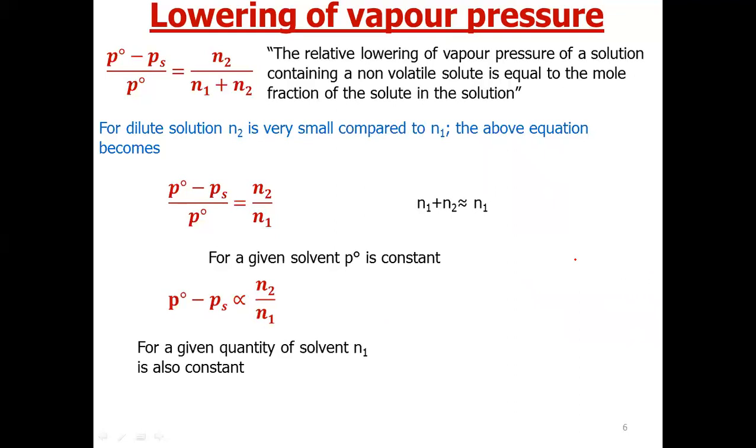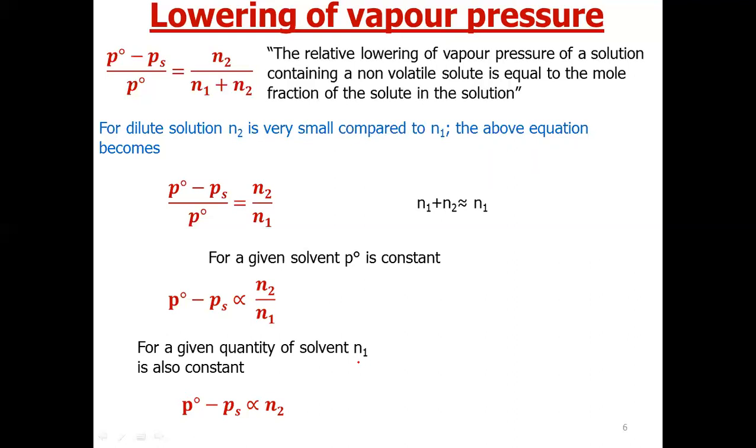Now if we also specify N1, for a given number of moles of solute, if the solvent is the same, the colligative property will be the same. So this relation reduces to P naught minus Ps is proportional to N2. Now what is P naught? P naught is vapor pressure of pure solvent. Ps is vapor pressure of solution.